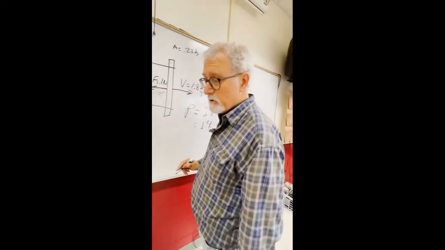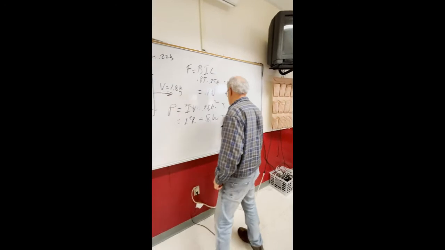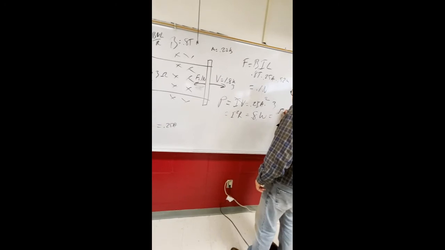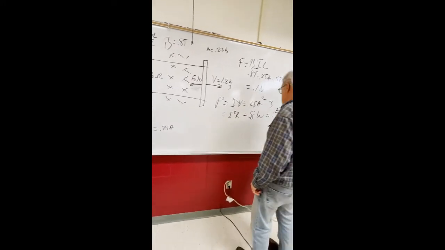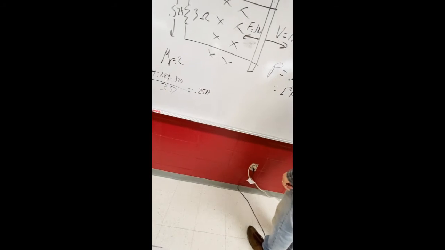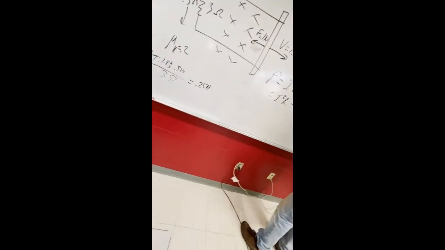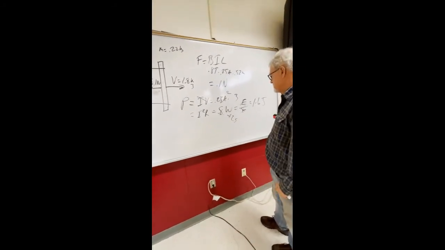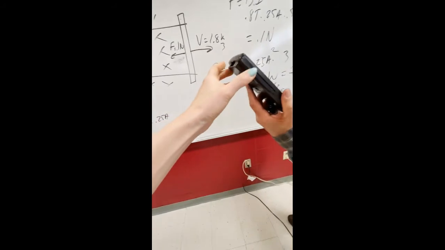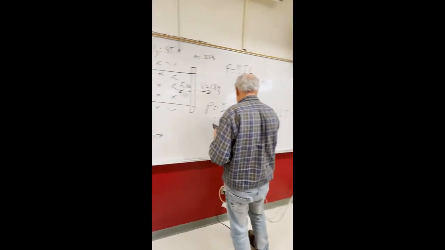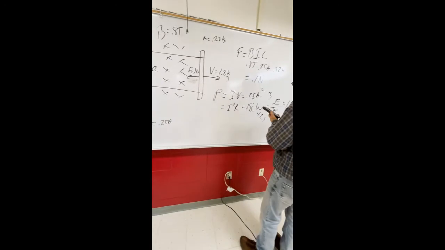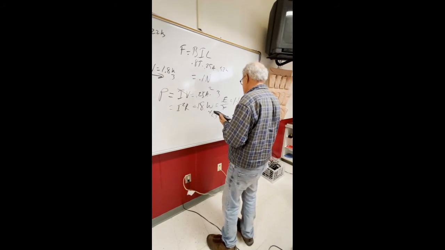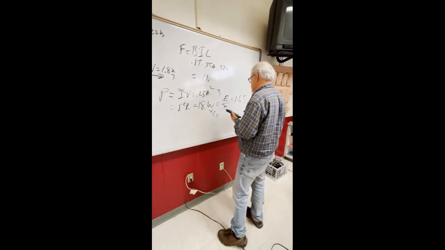Oh, they don't want the power, they want the energy. So 0.18 watts times 2 seconds is 0.36 joules.